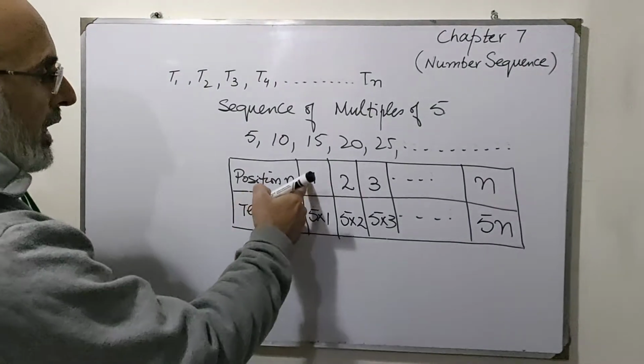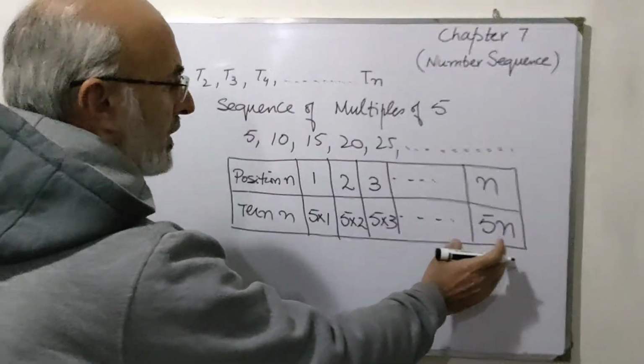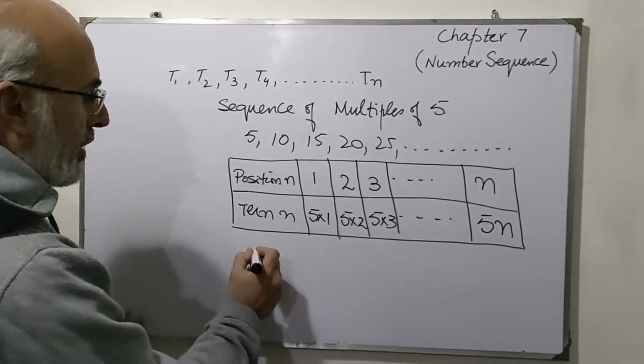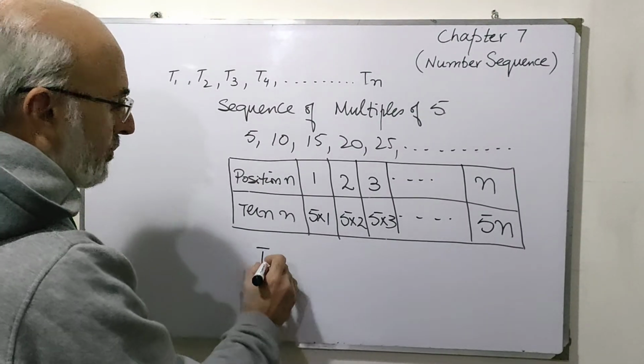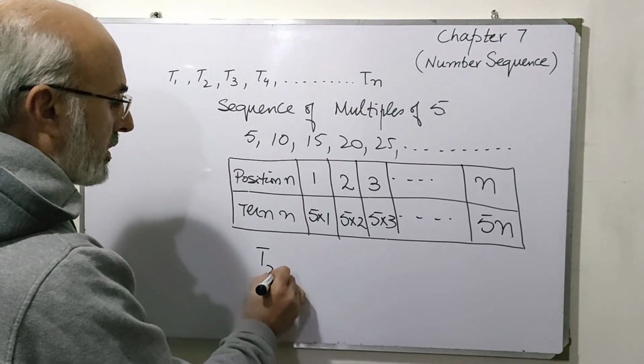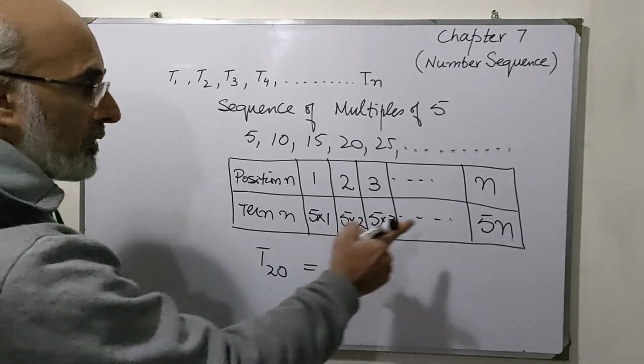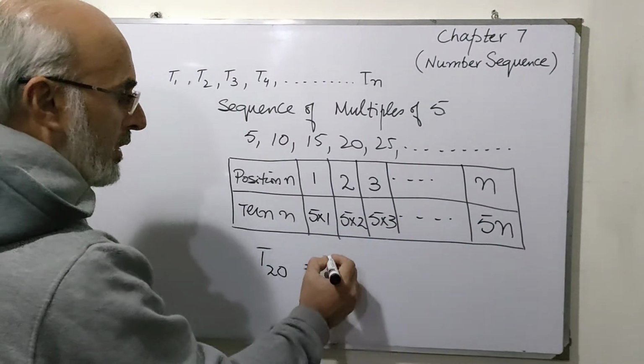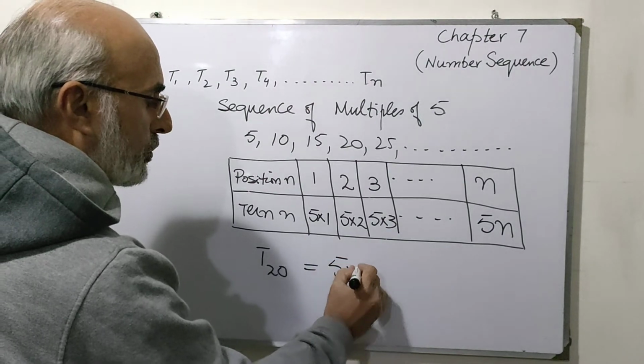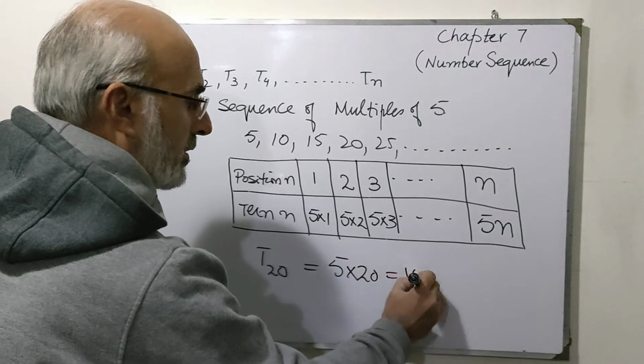So it's very easy now that if I say, okay, I want to know the value of the 20th term, what am I going to do? Now n here is 20. The formula here is 5n. So I'm going to say 5 into 20, which is 100.